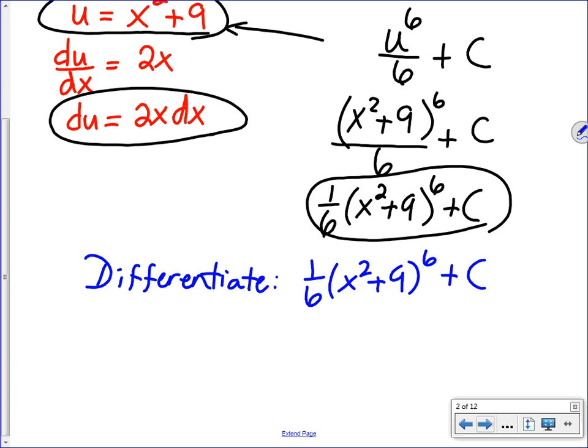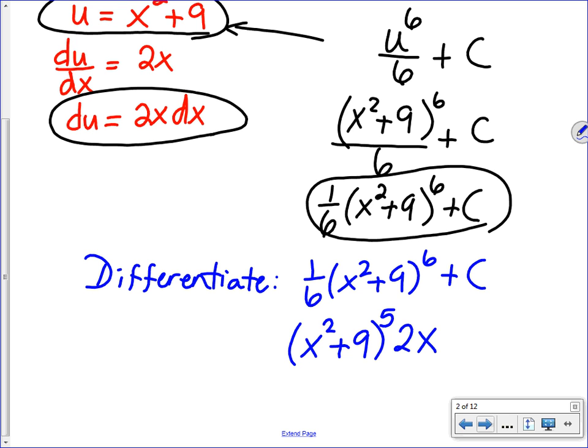So I would bring my 6 down in front, multiply it by 1/6. 6 times 1/6 is 1. So this will become (x squared plus 9) to the 5th power, because we're subtracting 1 from the 6, times the derivative of the inside, so times 2x. And then, of course, the derivative of our constant is 0.